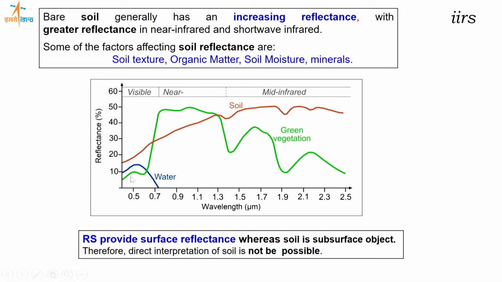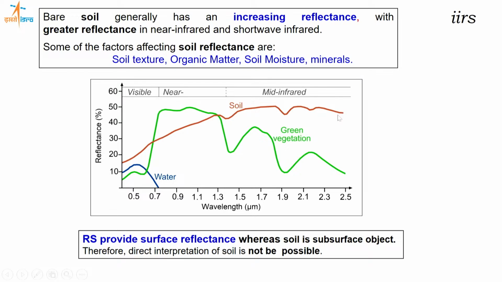If you see the vegetation, green color is shown, and in different wavelength regions or wavebands, the reflectance will be low and high. In the visible wavelength the vegetation gives low reflectance, but in near infrared it gives high reflectance. But in case of soil, the reflectance is always increasing. We are not getting very peculiar characteristics.